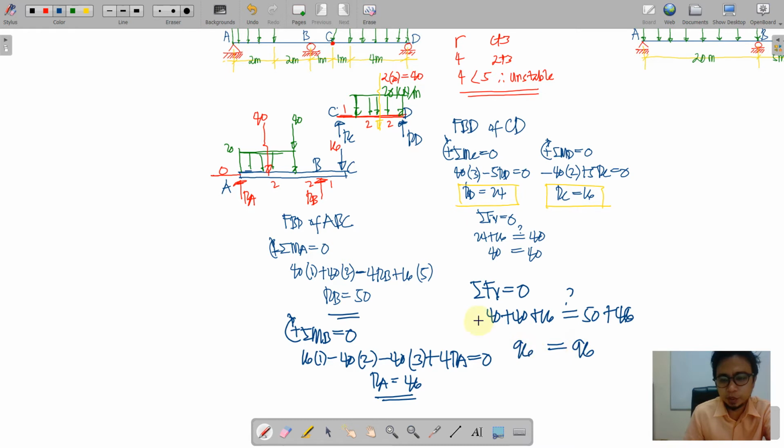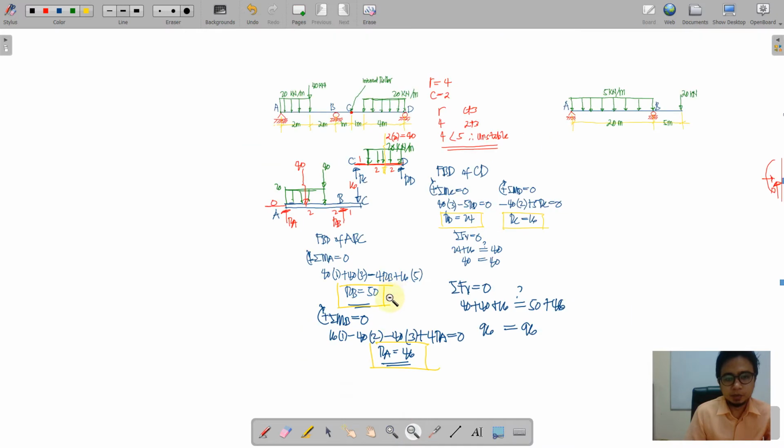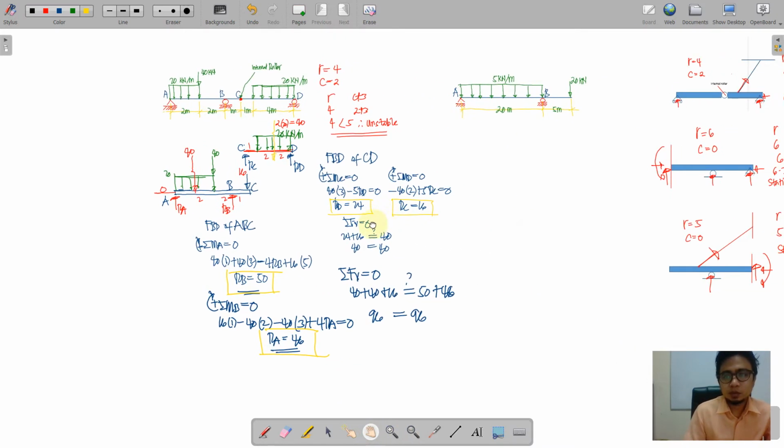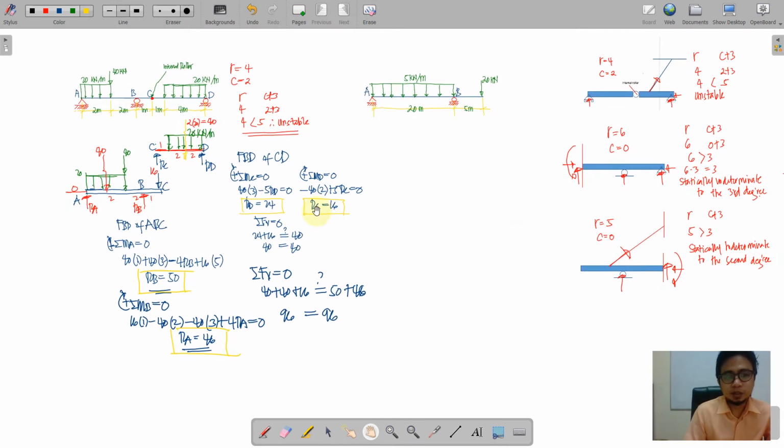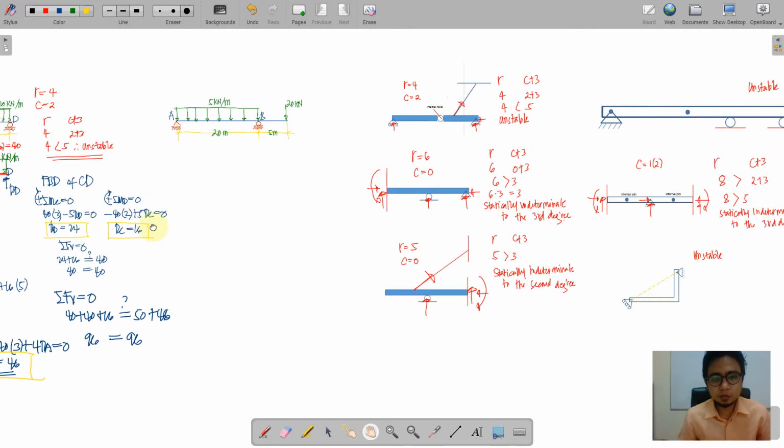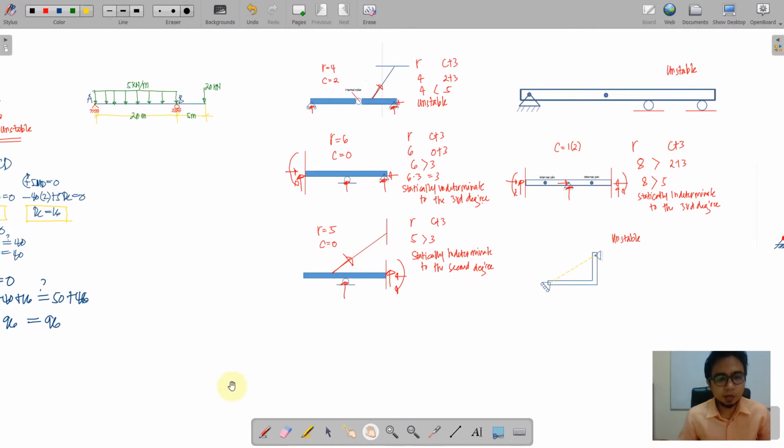So therefore, we are now quite assured that our obtained reaction is correct. So this will be now the reaction for this problem. Okay. So let us move on to the next problem.